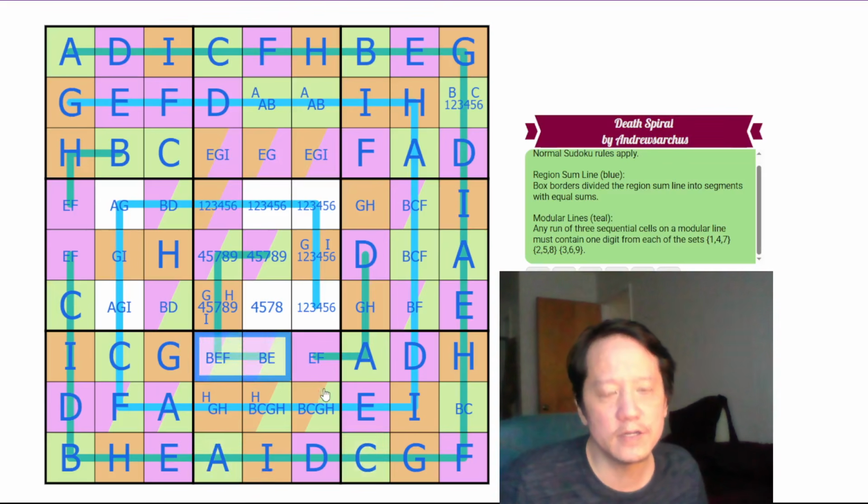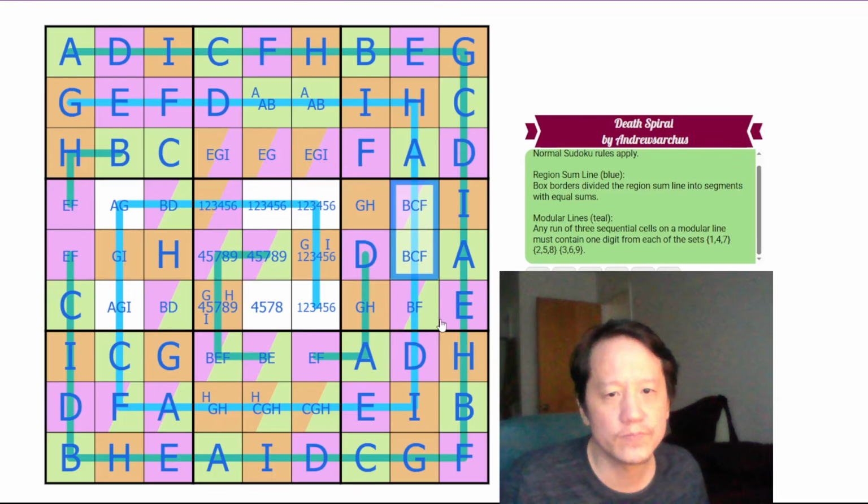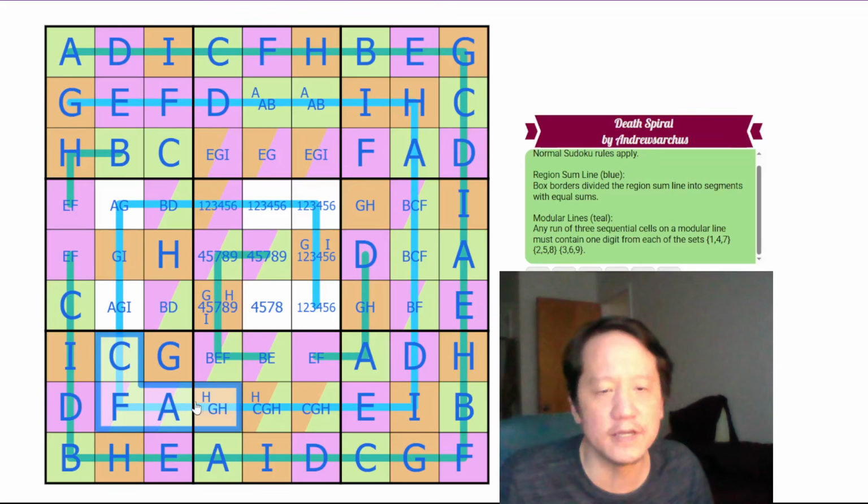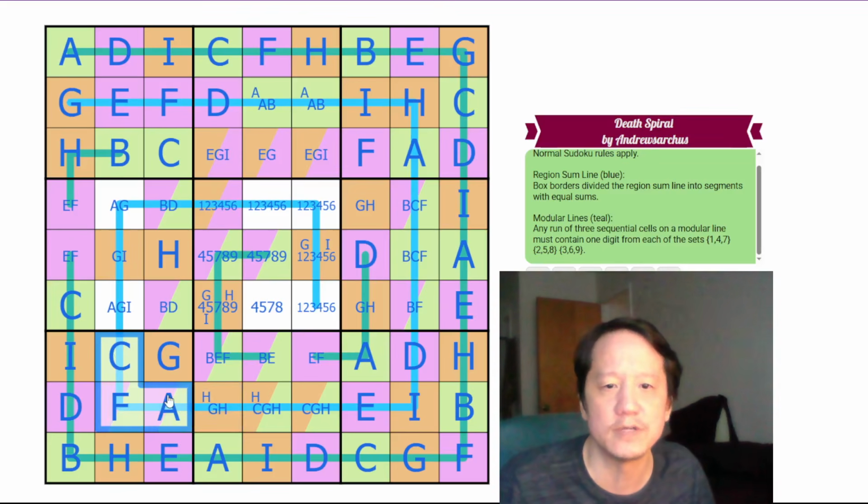No A here. This is then C, G, H, adding up to the sum, which makes this B. This is C. And we have a contradiction because we'd have B, C, F and A, C, F adding up to the same sum when we know A and B are different.